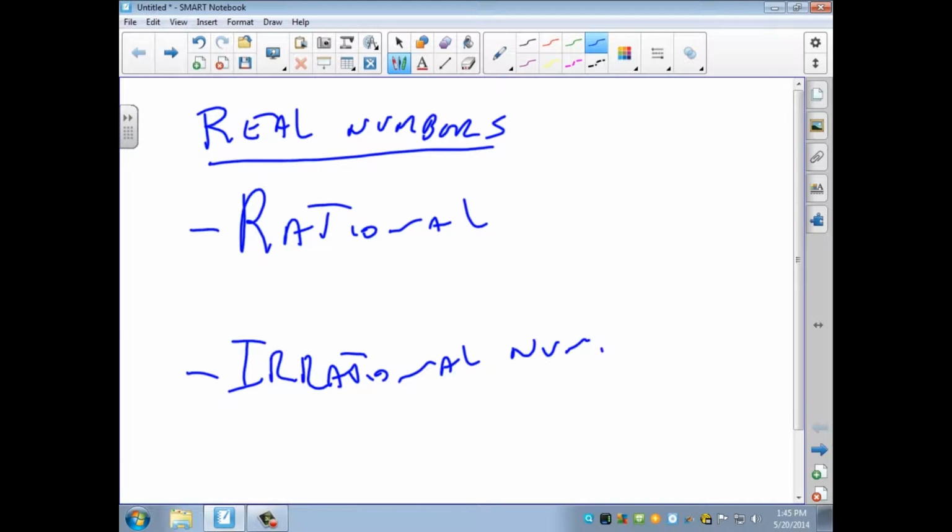For example, 1/3 is equal to 0.333, and it repeats. So this would be a rational number. Okay? Irrational numbers are the numbers that have non-repeating digits after the decimal.